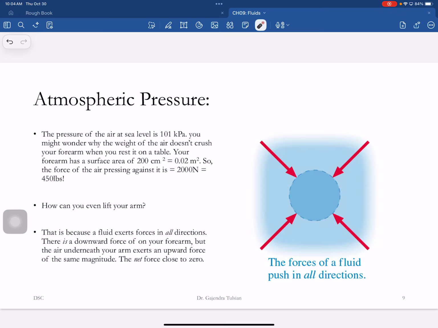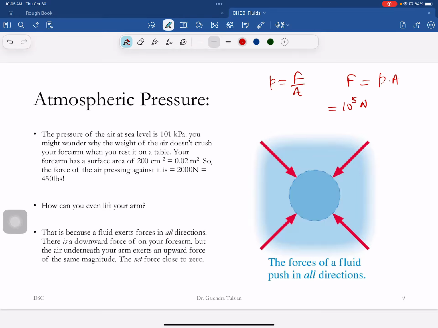So you might wonder why the weight of air doesn't crush your forearm when you rest it on a table. The force on your forearm when you rest it on a table, this goes through the calculation. I'm not going to go through the whole calculation. Pressure is force over area, so force is pressure times area. The atmospheric pressure is that many newtons per square meter, this is the pascal.